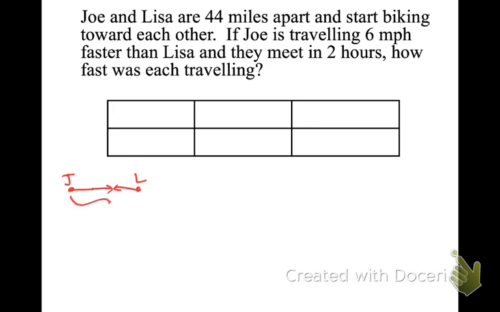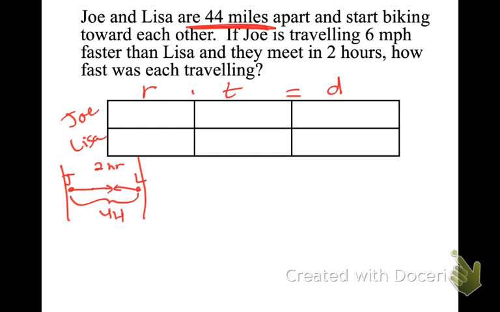Okay. Do we know what the total is? We know that time-wise, they travel 2 hours, right? 44 miles. So, what am I writing on the left of the boxes? Joe, Lisa. Okay? I've got rate times time equals distance. Do we know Joe's distance? The 44 miles, where would that go?